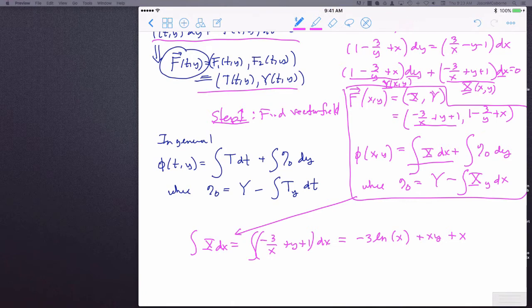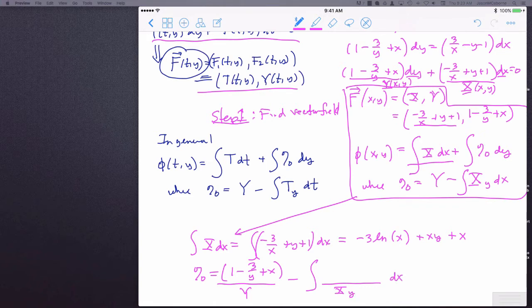Now we need to find psi. Psi is Y. Y is 1 minus 3 over y plus x. Okay, this is Y. Minus the integral of X partial derivative with respect to y dx.